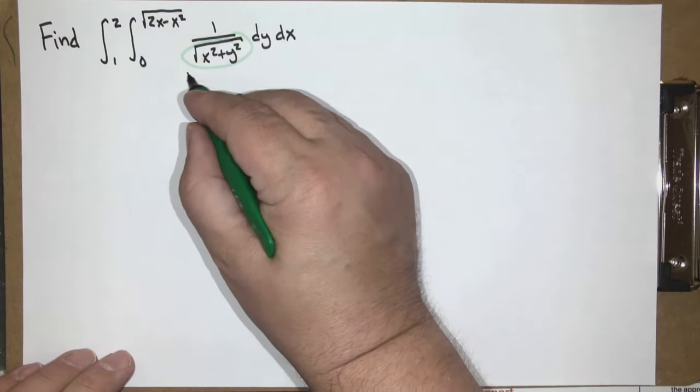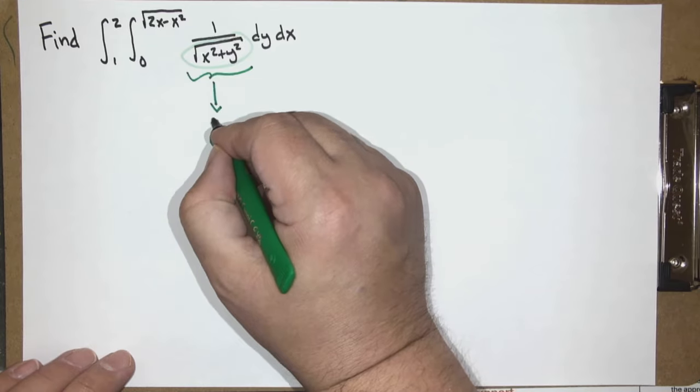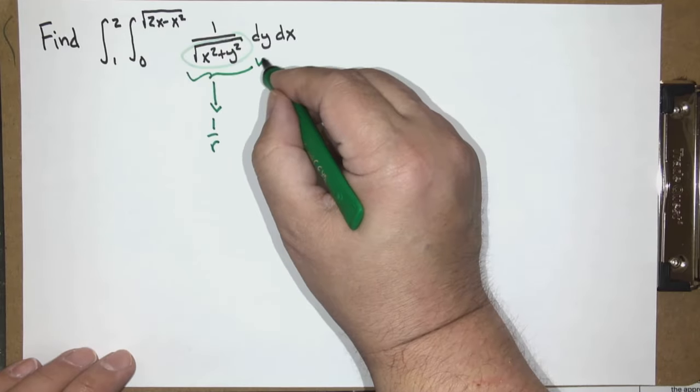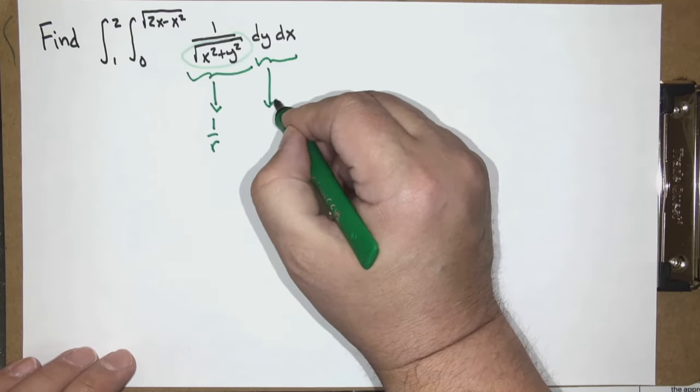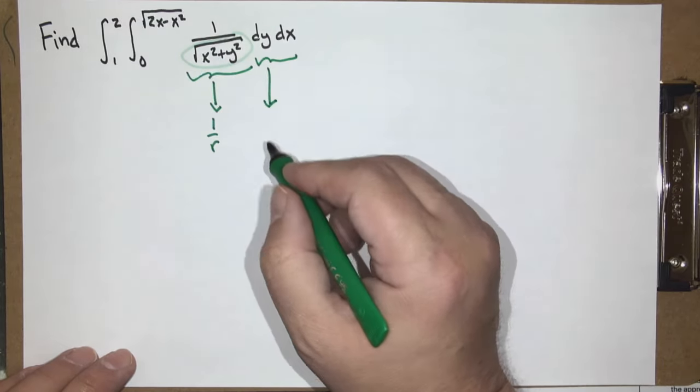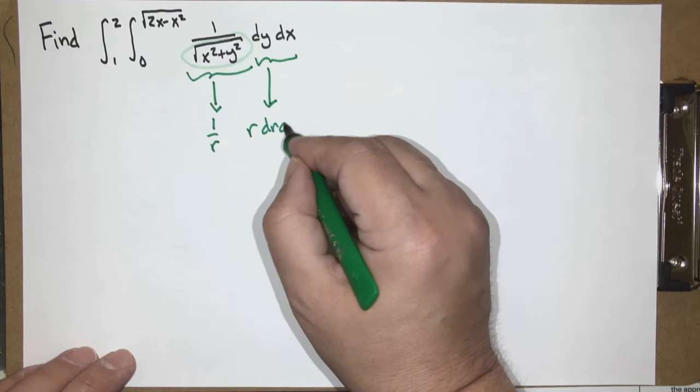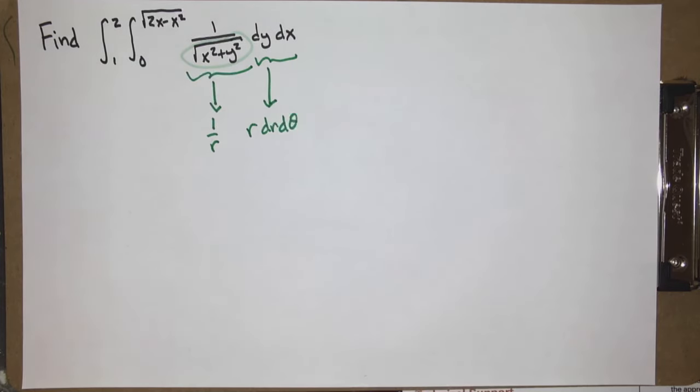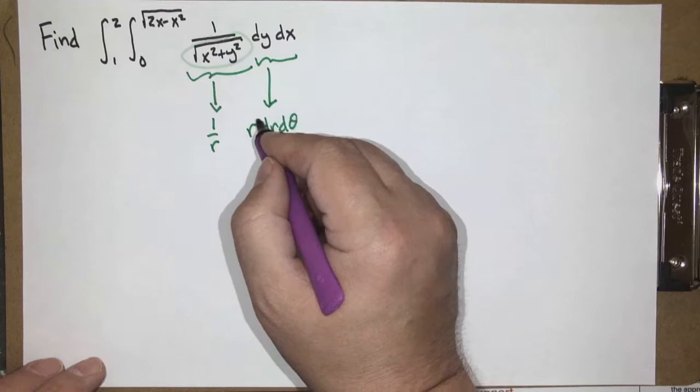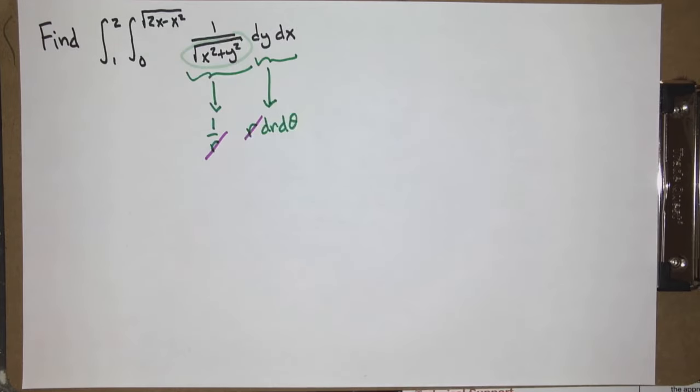Downstairs. So the function in polar is 1 over r. The dy dx in polar becomes what? R dr d theta. Already this is feeling great because you're like, hey, check it out. Now you're like, perfect. What's left to do?